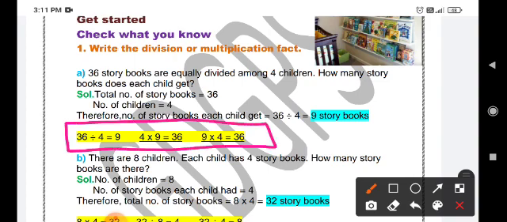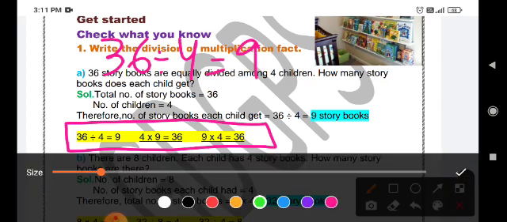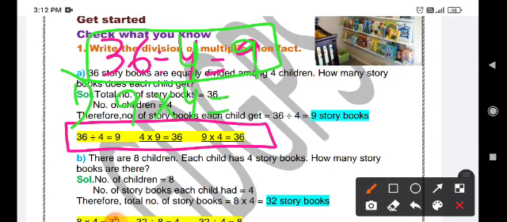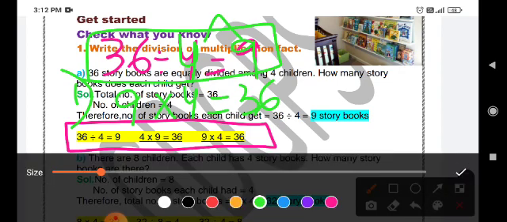Now, we can write the multiplication facts for this division fact. 36 divided by 4 equals 9. This is the division fact. Now the multiplication fact. First will be 9 multiplied by 4 gives us 36, because when we multiply the quotient and divisor, we get the dividend.